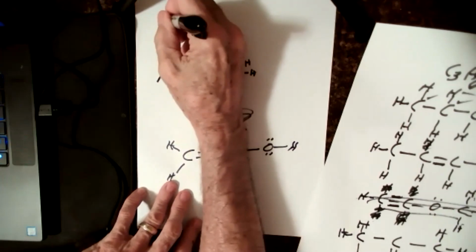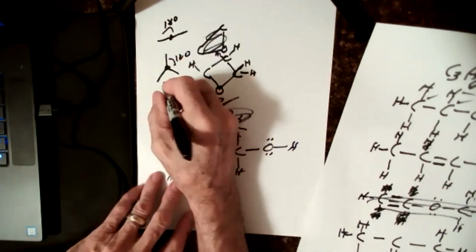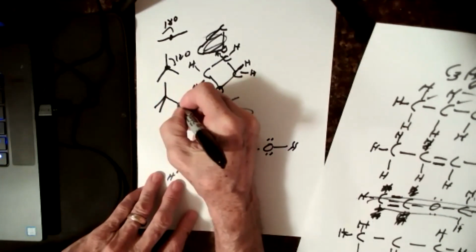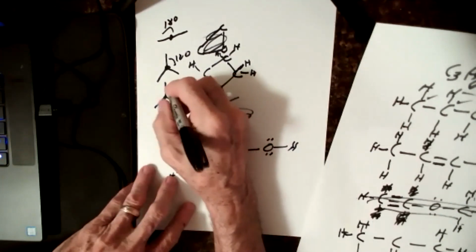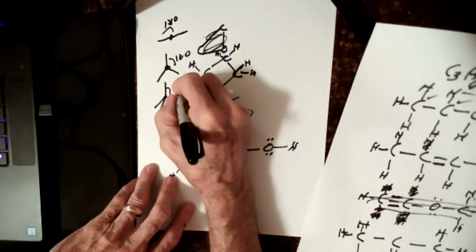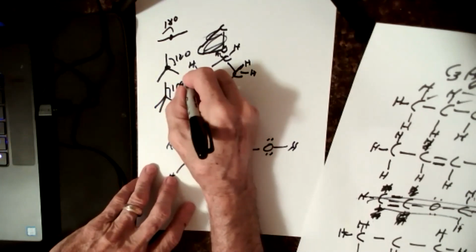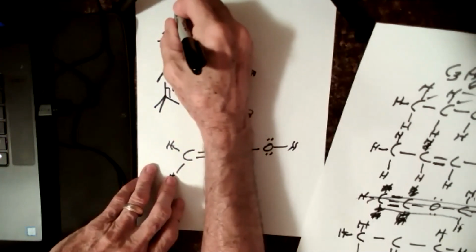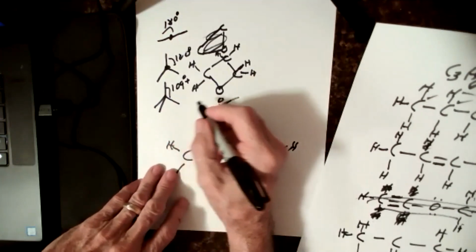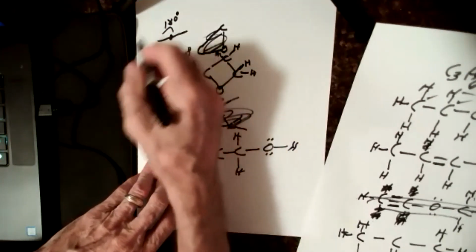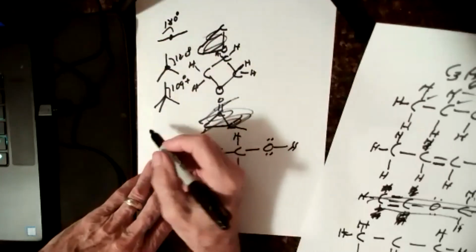This bond angle is going to be 180. When I have 4 things attached, it's a 3-dimensional structure called a tetrahedron, and it has bond angles of about 109.5 degrees. And these are all perhaps octet rule structures.